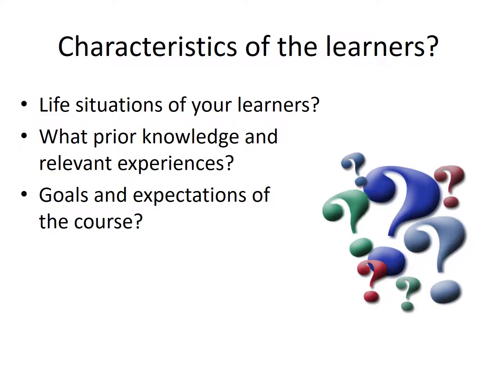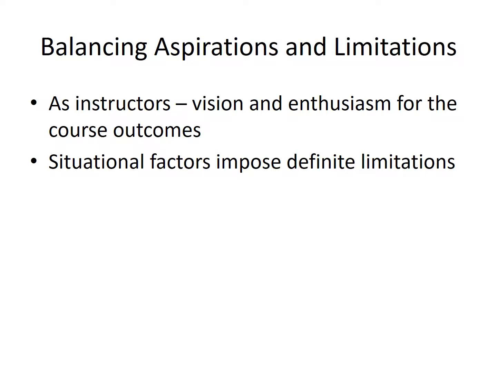So to think a little bit more about our learners and who they are together now, our next task is going to be to think about, as we have a vision and we have enthusiasm for the course outcomes, what situational factors might play into that to impose limitations. So we need to balance these two things. On the one hand, we have our vision and our enthusiasm.